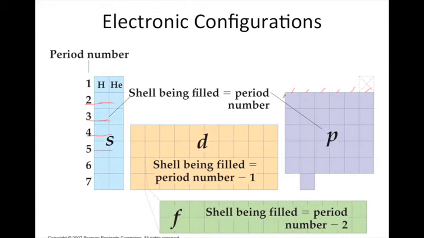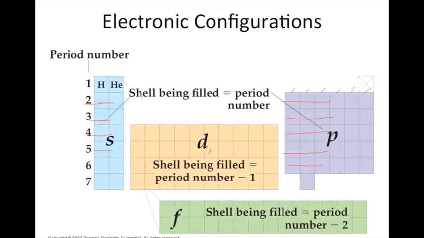Atoms over here are having their 2p orbitals filled, here the 3p orbitals, the 4p, 5p, 6p, etc., all the way to the noble gases, which have full p orbitals. Sometimes you hear that called a full octet. We'll talk about that later.